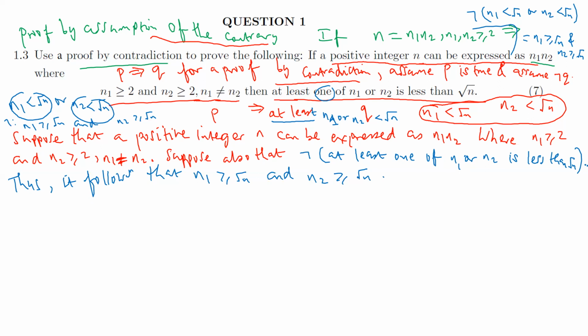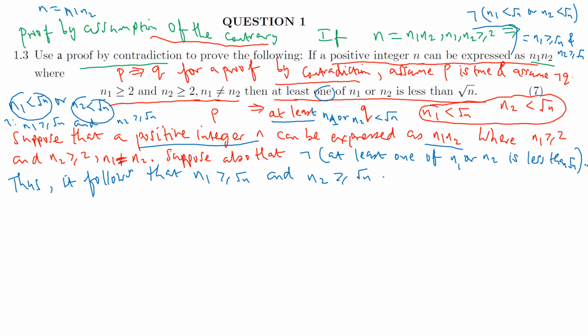Okay, remember what we started with? We started with the positive integer n. We want to arrive at a contradiction here. We said that the positive integer n is equal to this. So we started with, suppose n is equal to n1, n2.